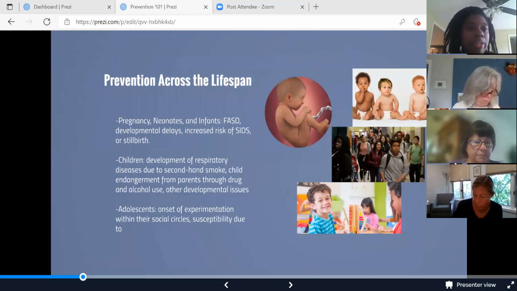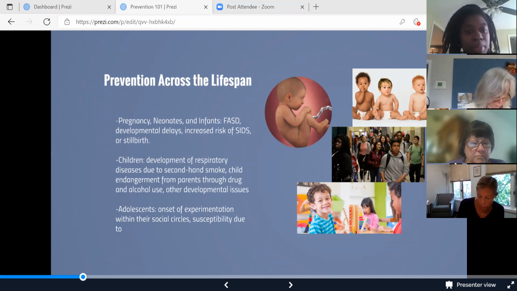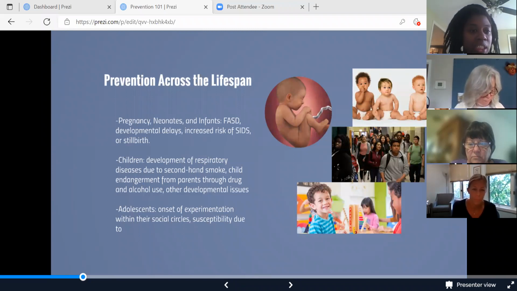Next, it's important that we understand that prevention across the lifespan is an important factor in the work that we do, because it's not only the people who use substances who are affected, but also their children. This can happen through pregnancy, with the prevalence of use during pregnancy causing developmental delay, increased risk of SIDS, and fetal alcohol syndrome.